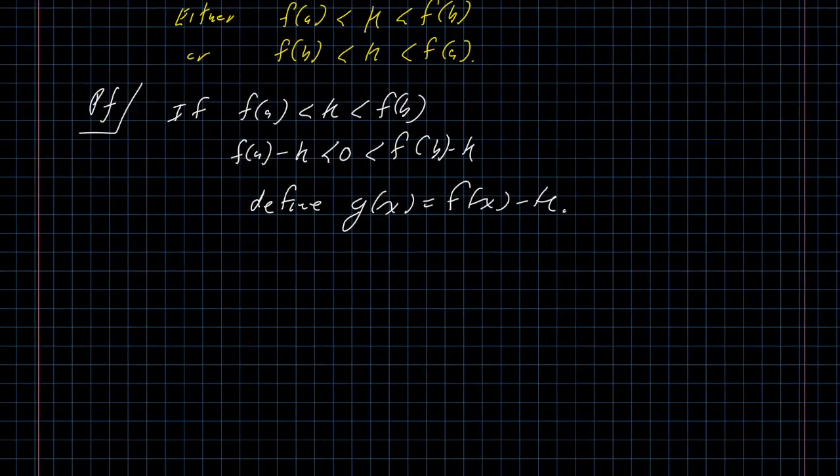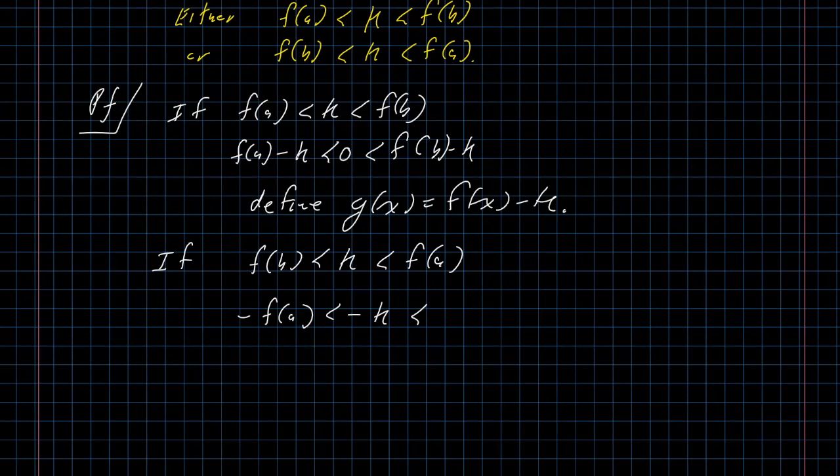If I have the other possibility, if it is the case that f of b is less than k is less than f of a, I'm going to take the negative here, and I'll get that the opposite of f of a is less than the opposite of k is less than the opposite of f of b.